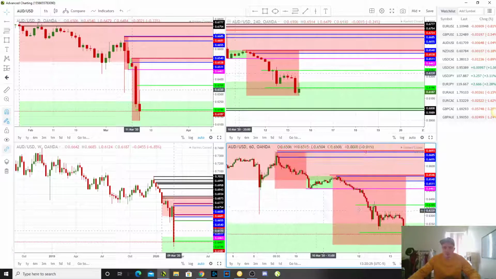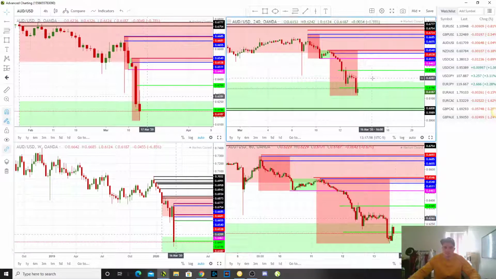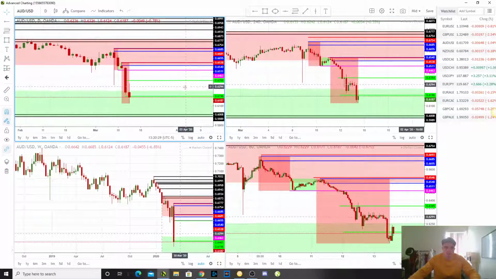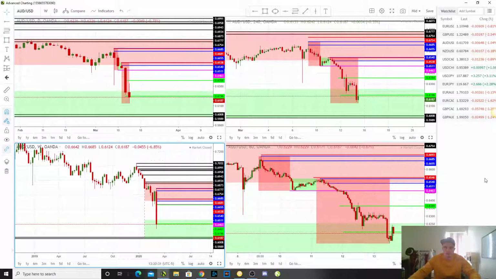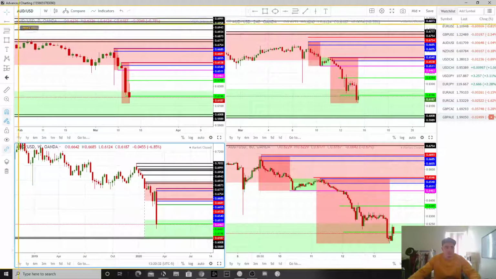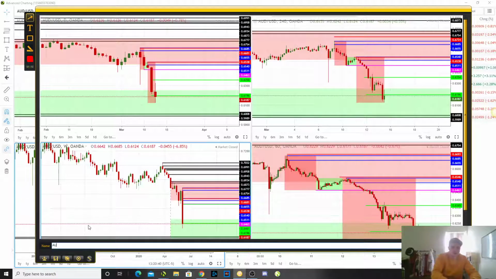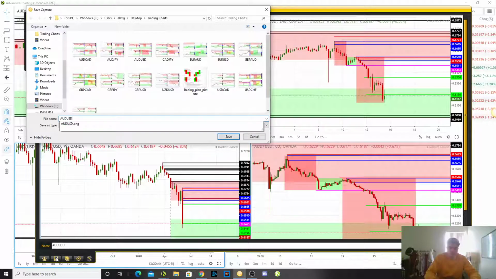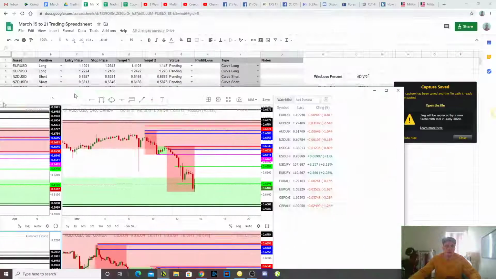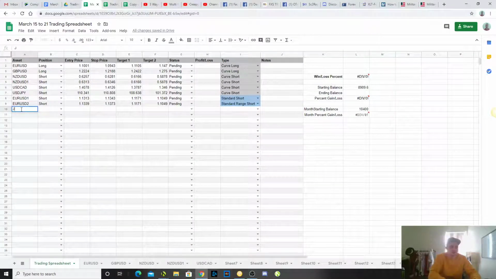Let's get our picture. So then the same rules apply. Like if it comes into that daily level of demand and works, we're going to go ahead and just cancel the shorts, because that means that's probably where the uptrend will begin.